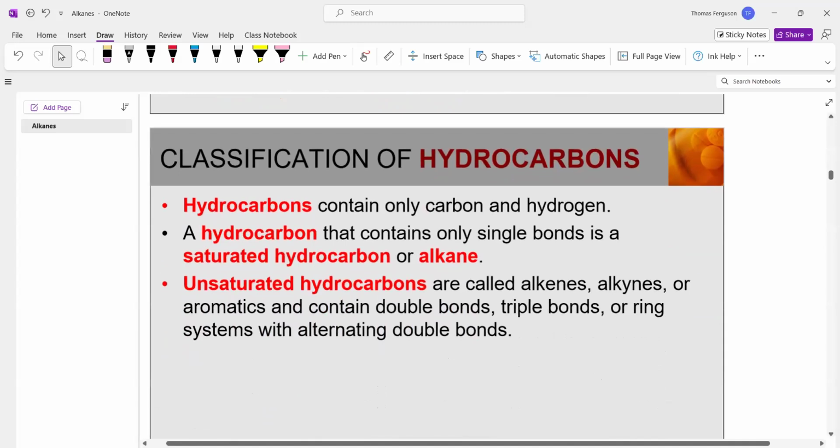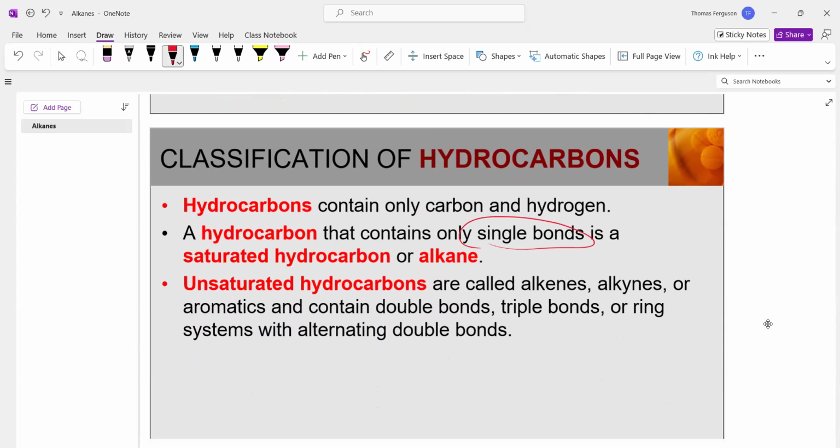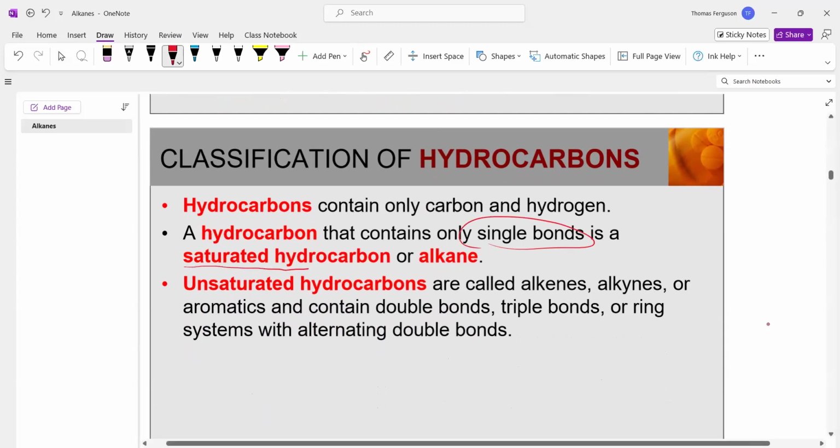Now, when we talk about hydrocarbons, they only contain carbon, hydrogen, single bonds. If that is so, it's called a saturated hydrocarbon or an alkane.